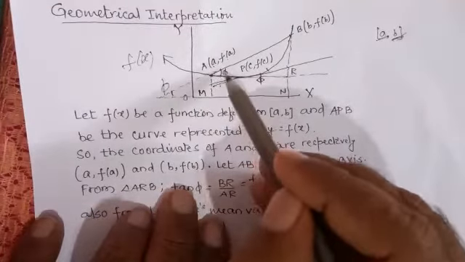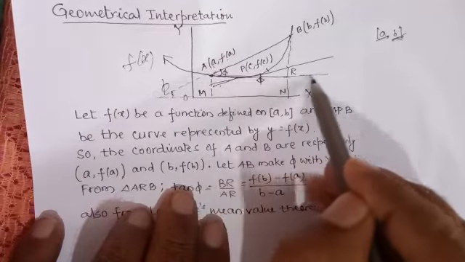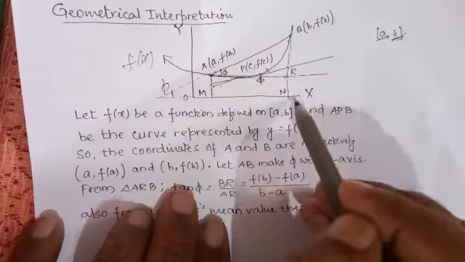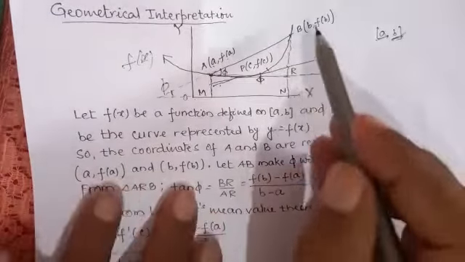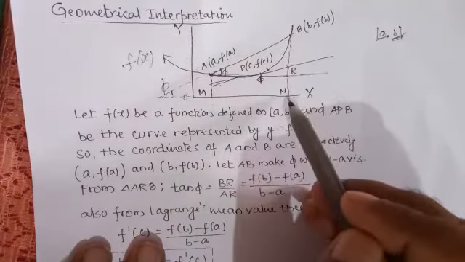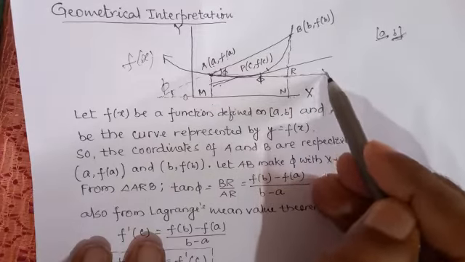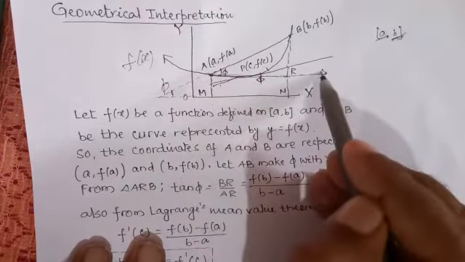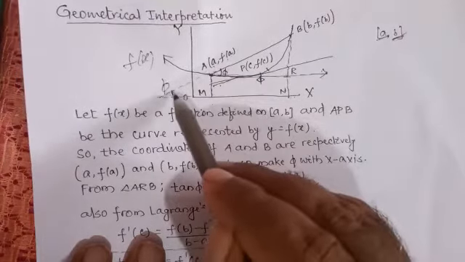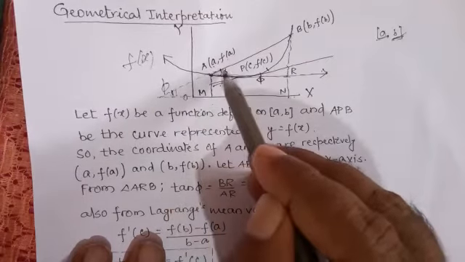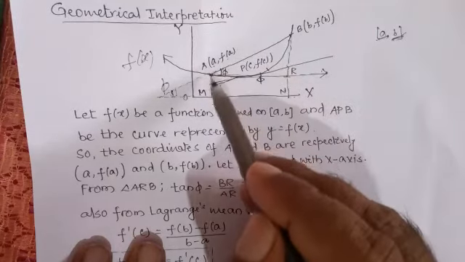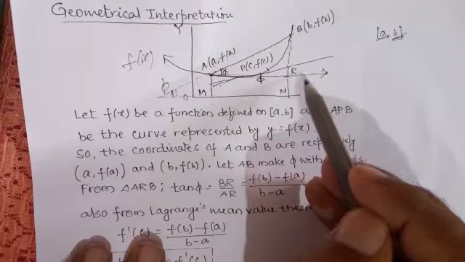This line is parallel to x-axis, this is perpendicular to x-axis, and from B we have another perpendicular to x-axis. AM and BN are perpendicular to x-axis. Since corresponding angles are equal, if this angle is phi, then this angle is also phi, meaning line BA, or chord BA, makes angle phi with x-axis.